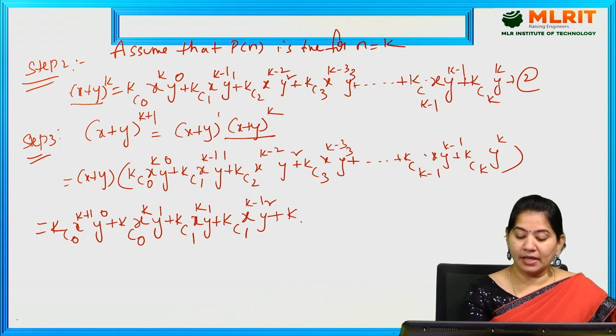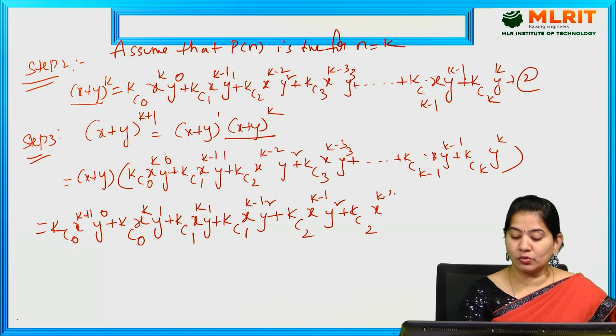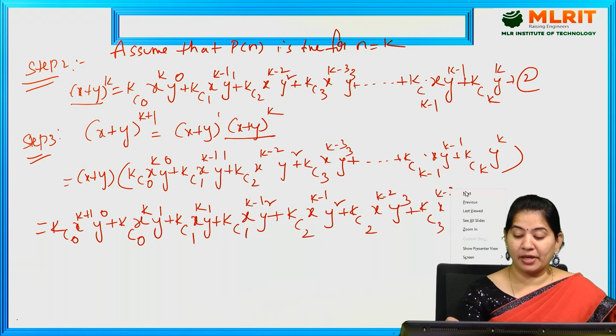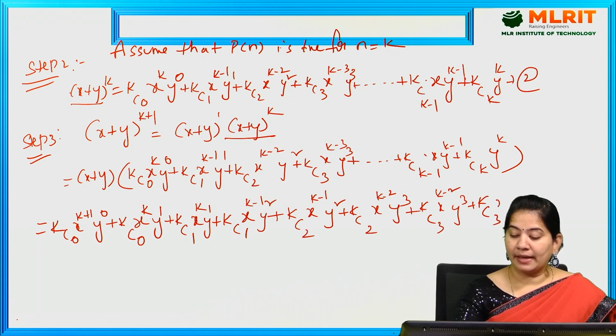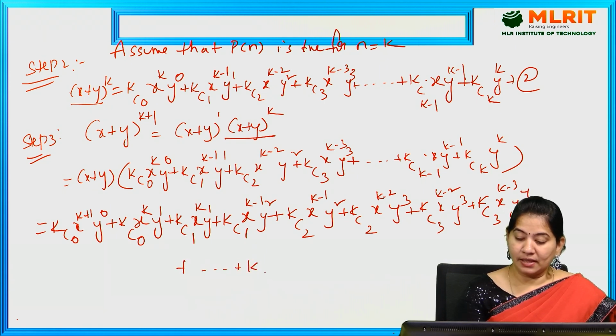In the same way kC2 x power k minus 2 plus 1 is k minus 1, into y square, plus kC2 x power k minus 2 into y cube. Like this, next kC3 x power k minus 3 plus 1 is k minus 2, into y cube, plus kC3 x power k minus 3 into y power 4, plus so on.